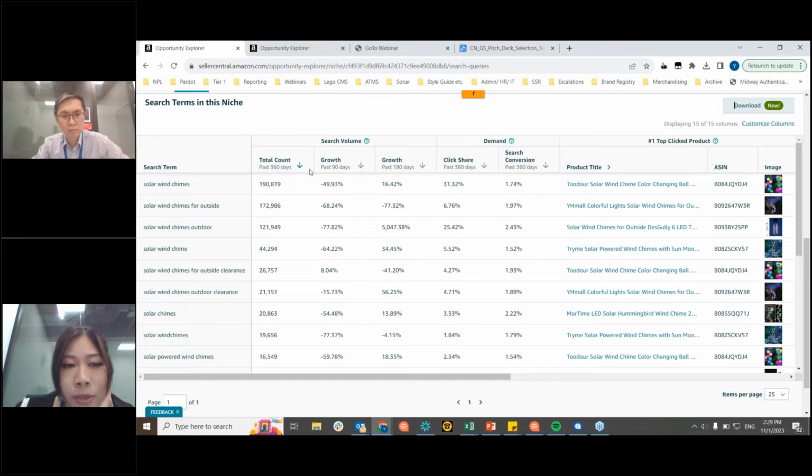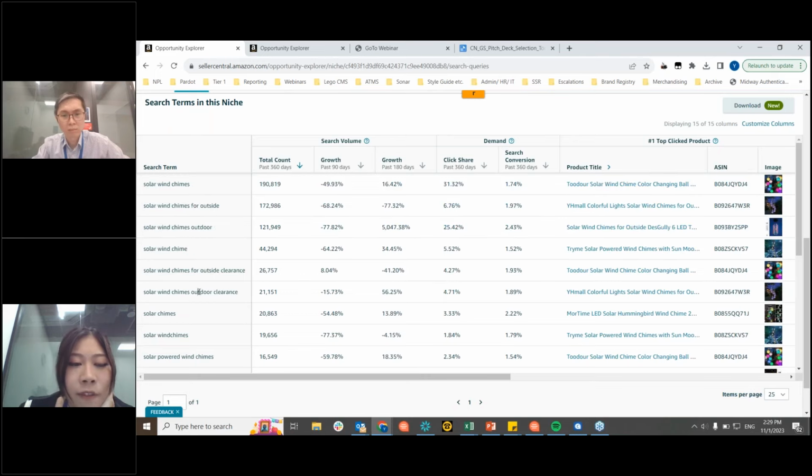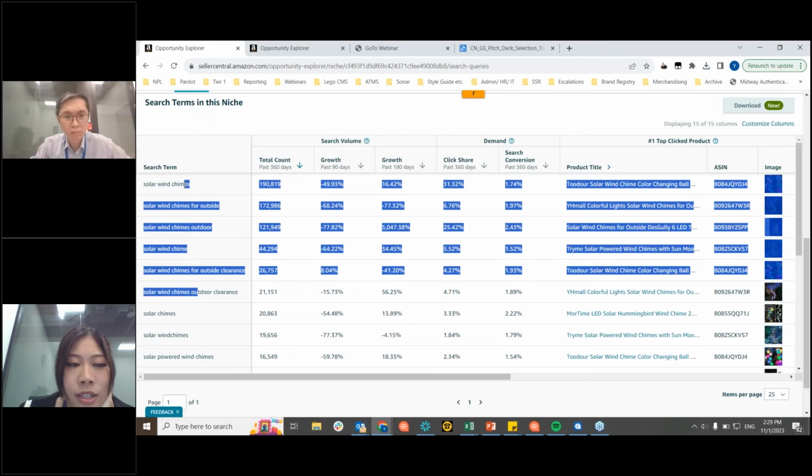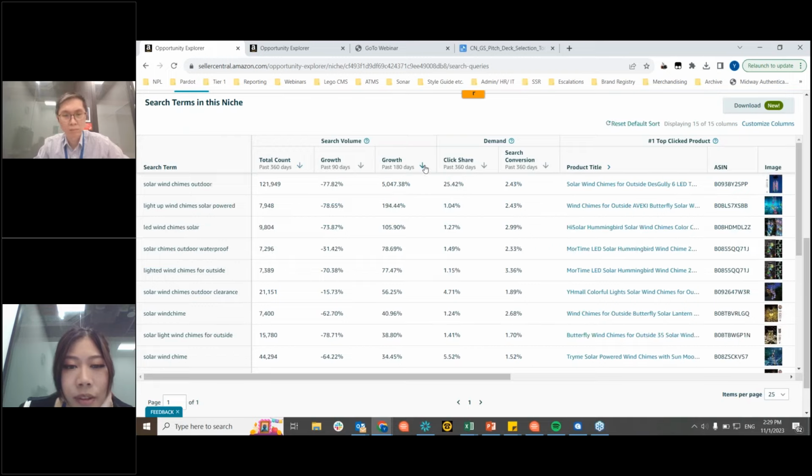So number one will be the search volume, right? You need to understand whether there are people searching for this search term. So you can filter down. For solar wind chimes, the top 5 are definitely the ones that you can consider investing in for advertising. At the same time, you can also filter by growth. Are there an increasing number of people searching for it?